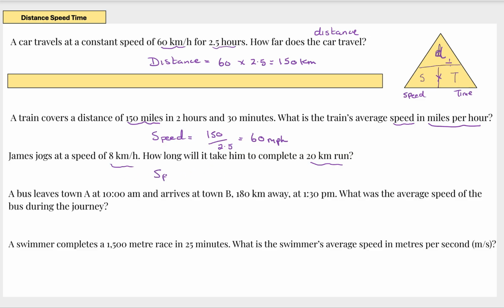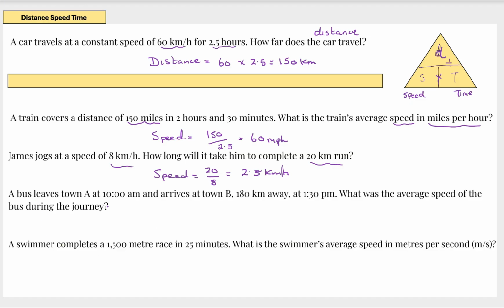So we're going to do time equals 20 on the top, divided by 8 kilometers. So the answer is, put it into your calculator, 2.5 hours. This bit will be on your exam sheet, I should imagine, but it's always good to get into the habit of writing your units.